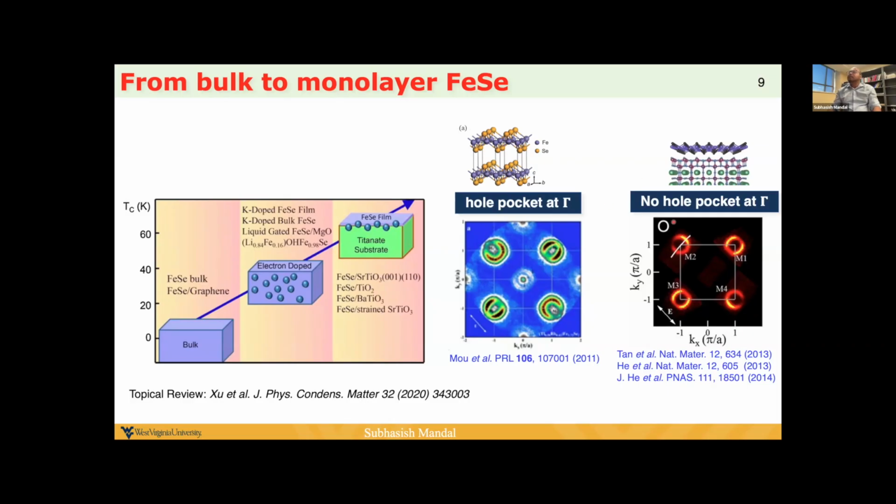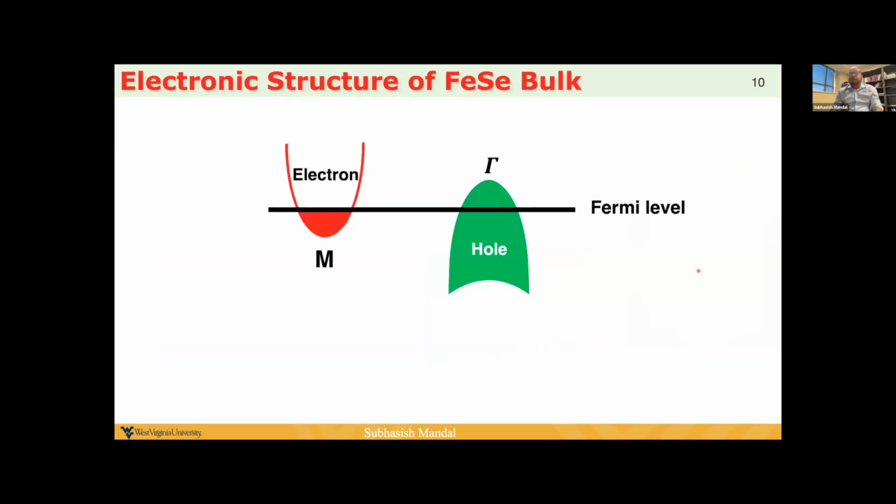But it was surprising in the beginning that for FeSe/STO, this hole pocket was missing. So the conventional s plus minus pairing symmetry was in question. Naively, if we look at the electronic structure of bulk FeSe, there are electron pockets and hole pockets. Of course, there are multiple pockets.